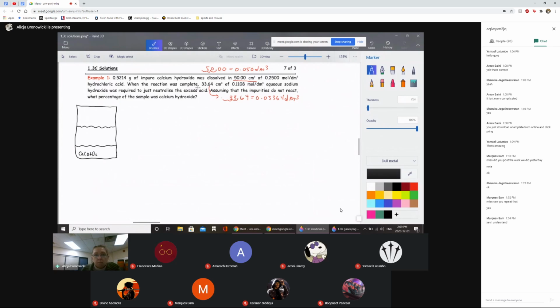The acid that I'm pouring in is hydrochloric, so it's HCl. Again, this is arbitrary: H plus, Cl minus, H plus, Cl minus. That's what my acid looks like when I pour it in.